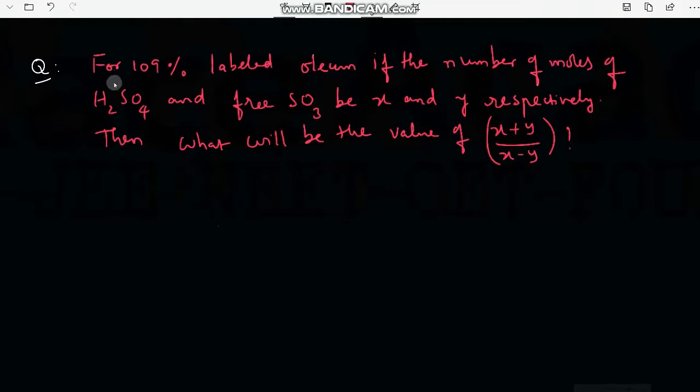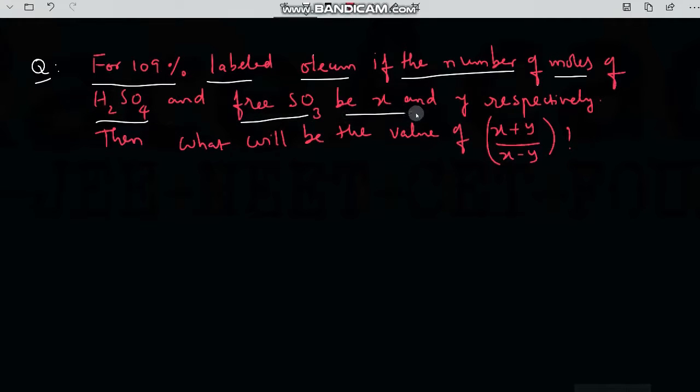See this question. For 109 percent labeled oleum, if the number of moles of H2SO4 and free SO3 be X and Y respectively, then what will be the value of X plus Y by X minus Y?